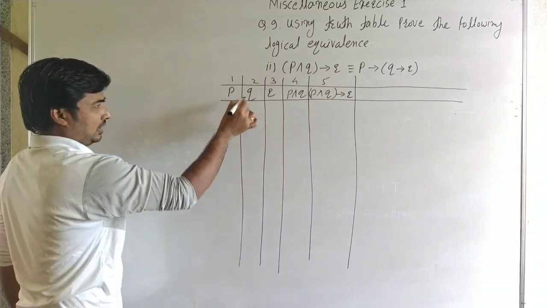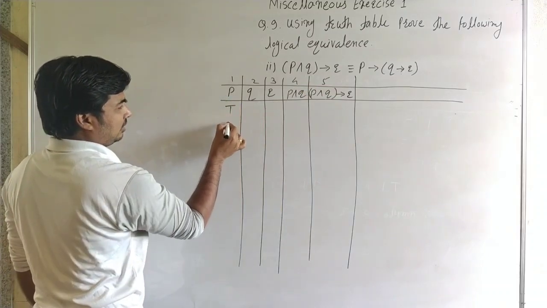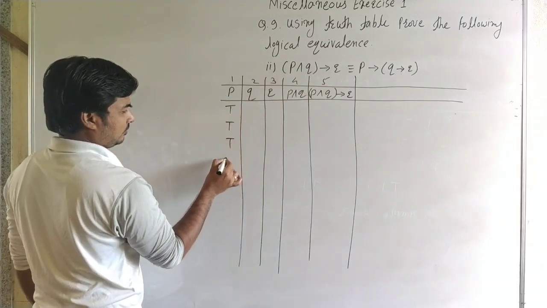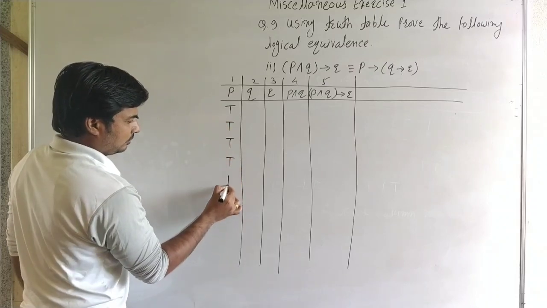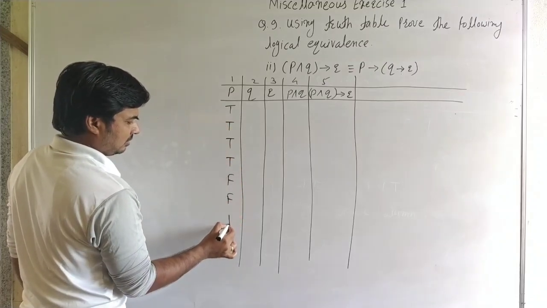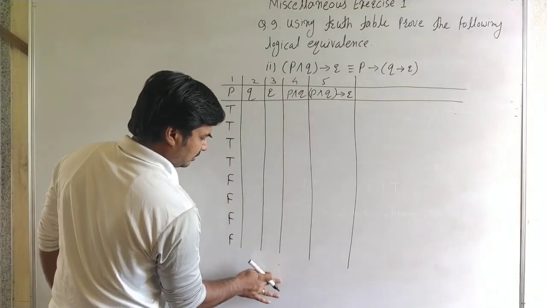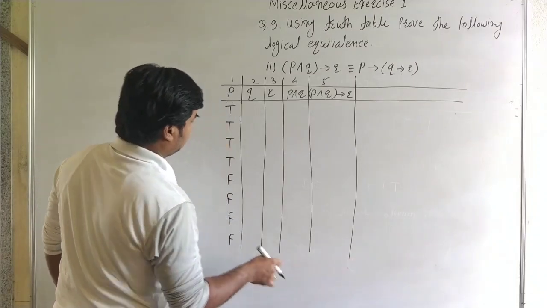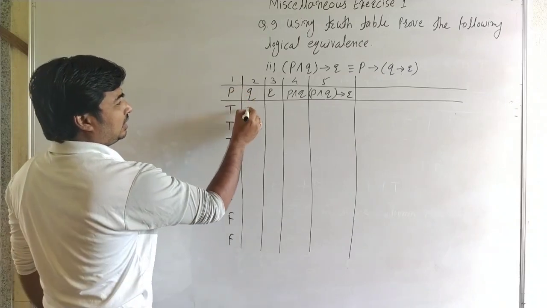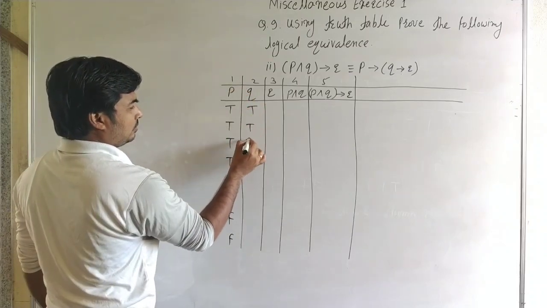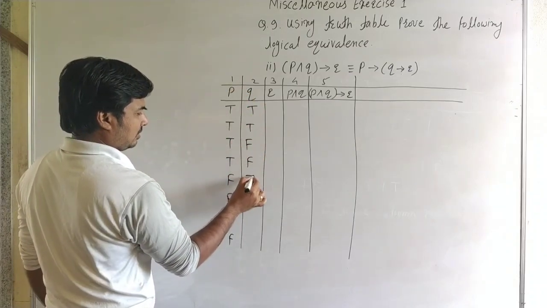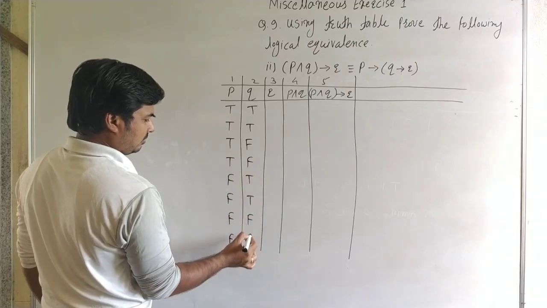Now there are three statements, therefore 8 possibilities. For P, the first 4 are true, then the next 4 are false. Then for Q, 2 times true, 2 times false, 2 times true, 2 times false.